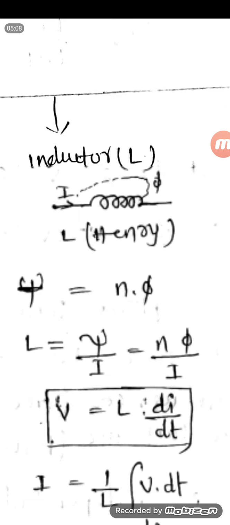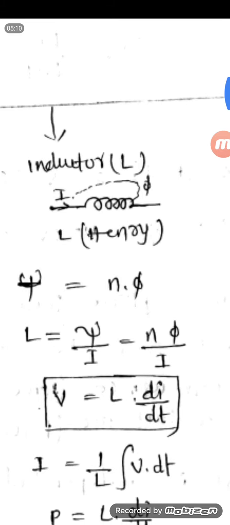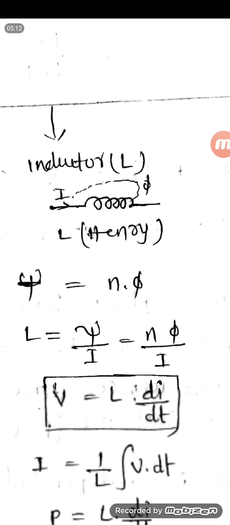Psi is equal to flux linkages, where psi is equal to number of turns into flux produced by the coil. Whenever current passes through a coil, magnetic flux is automatically produced around it. The product of n number of turns into flux is called flux linkages.